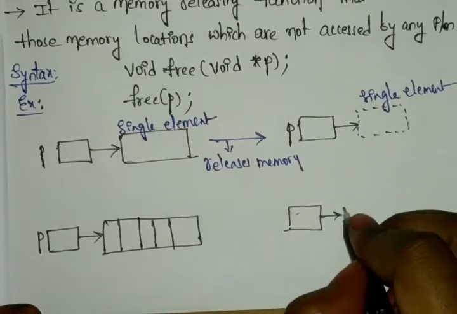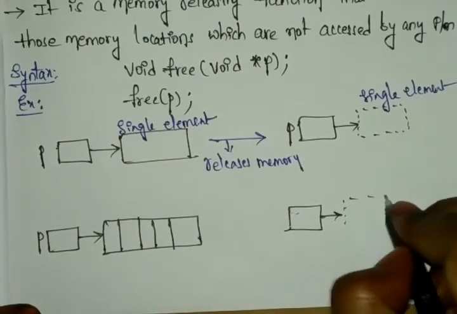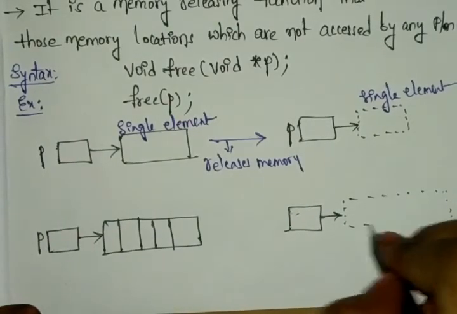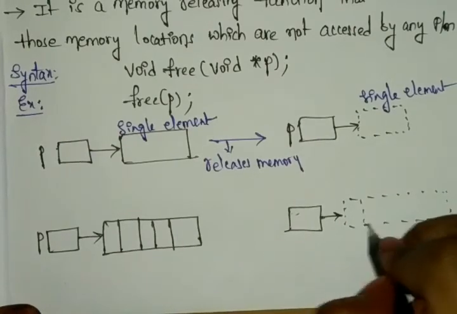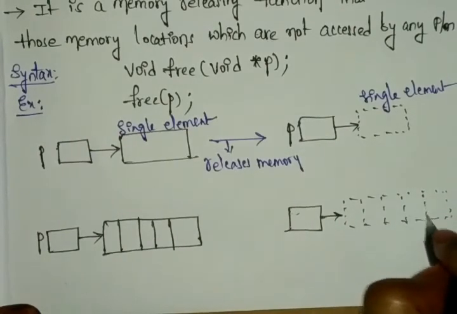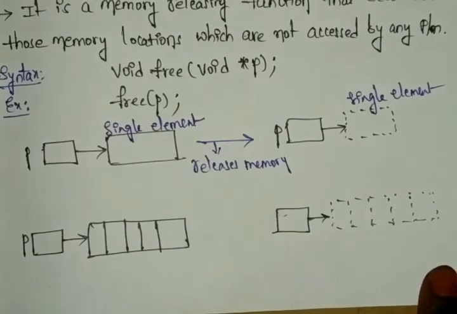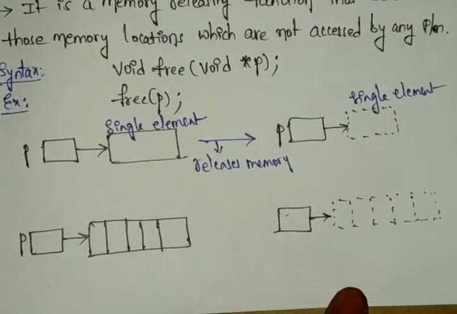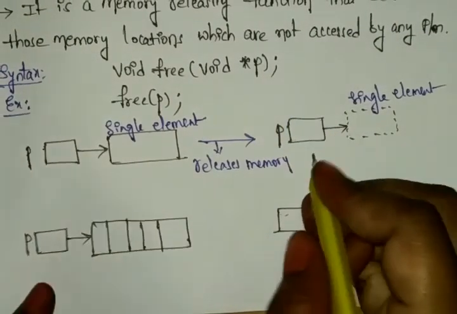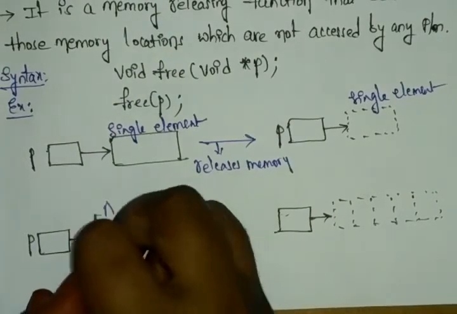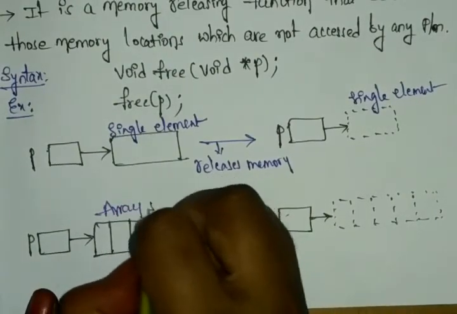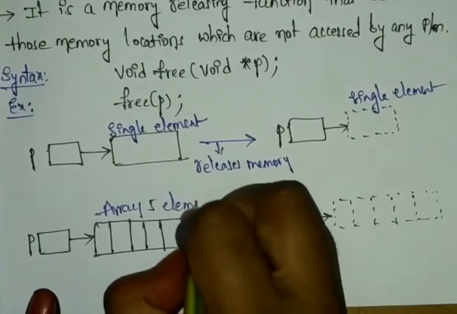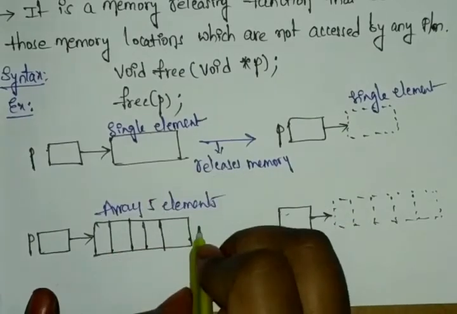How it will be released is totally in the form of dotted lines. Totally in the form of dotted lines, it can be released as our pointer. You can see clearly. Okay, the first one we have here, pointer with an array of 5 elements. Array of 5 elements here we have.